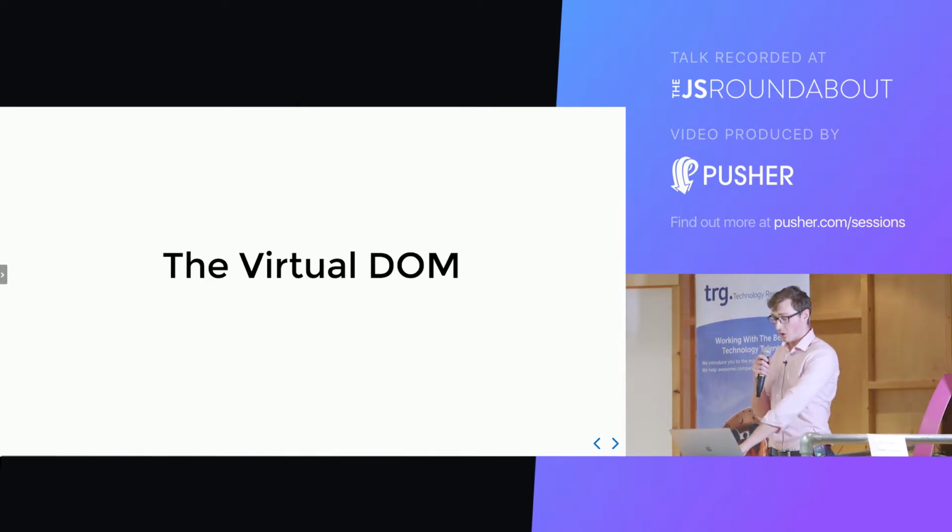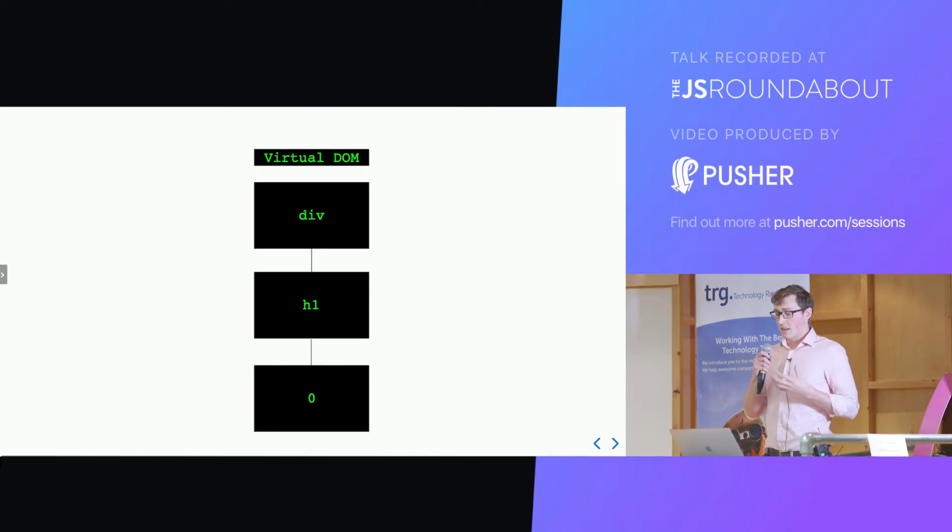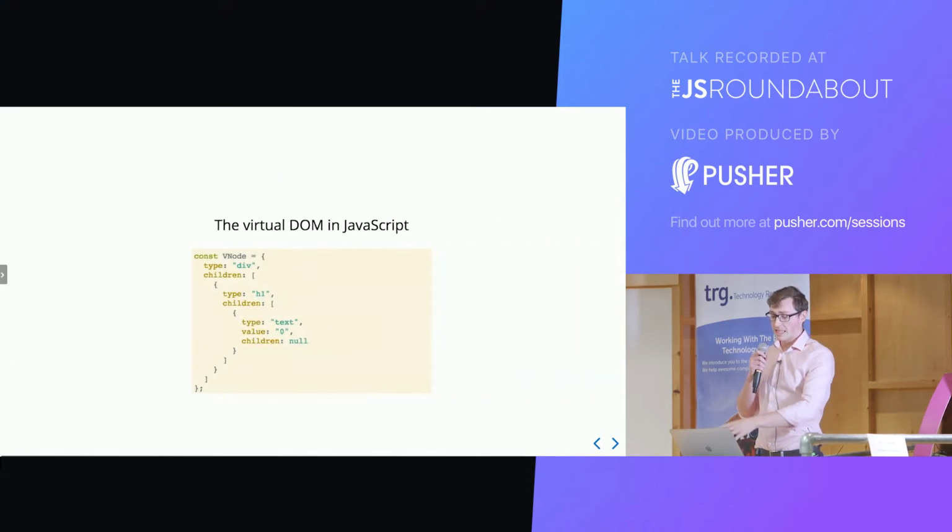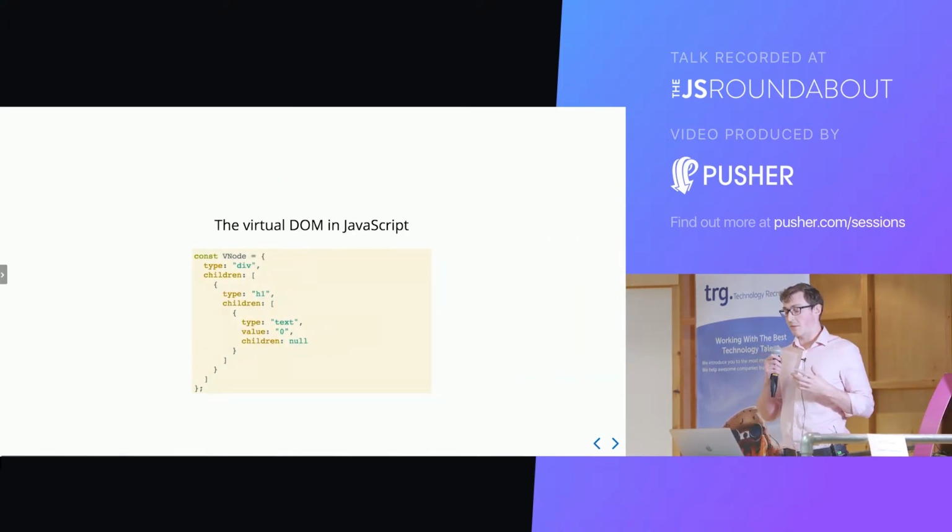So the virtual DOM is exactly the same as the DOM. It's a JavaScript representation of the DOM. And that might not make sense to you. It's easier to understand it if you think of it as literally just an object. So this is a really simple example of a virtual DOM, where we're describing the same HTML structure as we were creating earlier in our component.